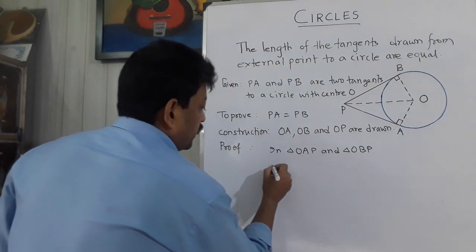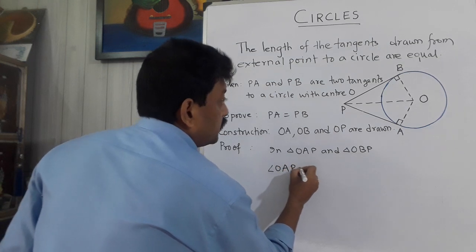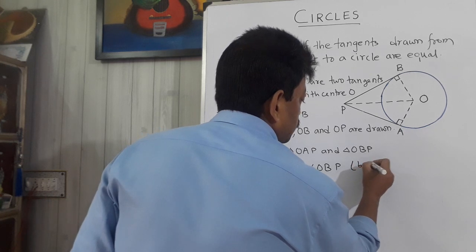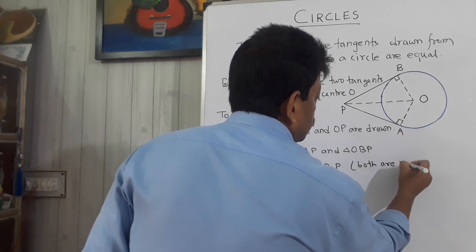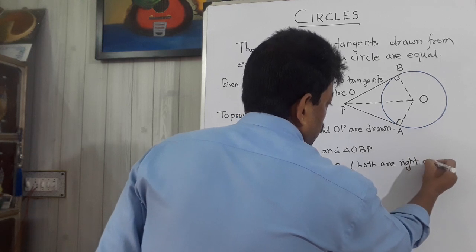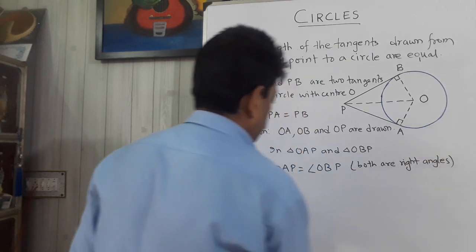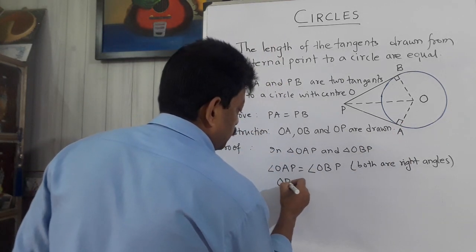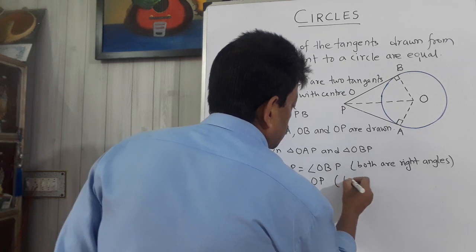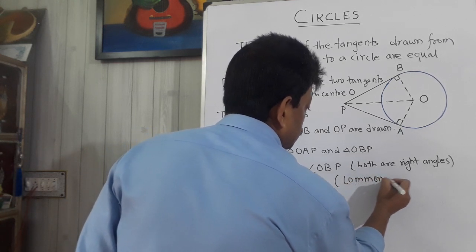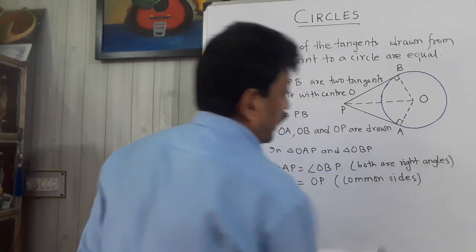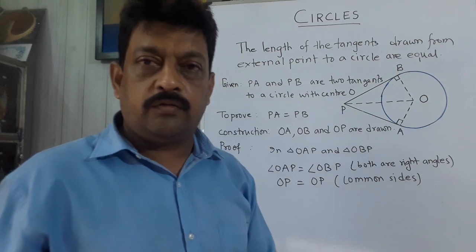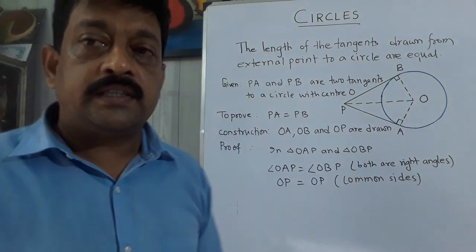So here we are getting angle OAP equals angle OBP, both are right angles. OP and OP are the common sides, OP equals OP. And the third point, OA and OB are equal in length. Why? Because they are the radii of the same circle.